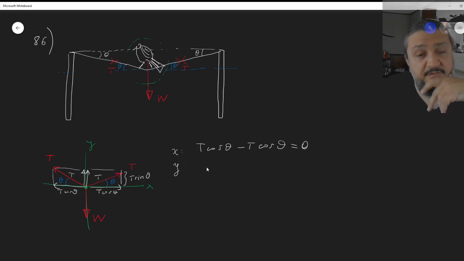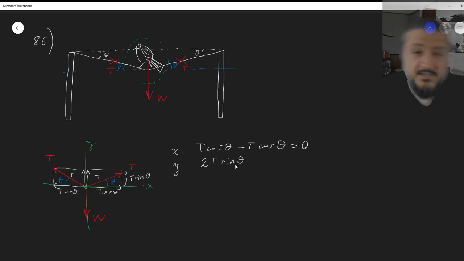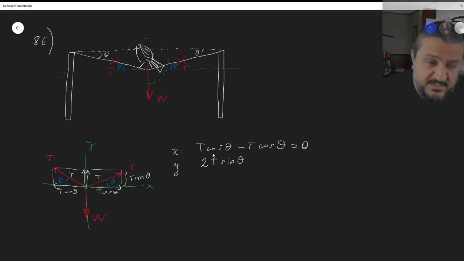We have two of those. So 2T sine theta must be the sum of the y components of tensions, and downward is W, so minus W is equal to 0.